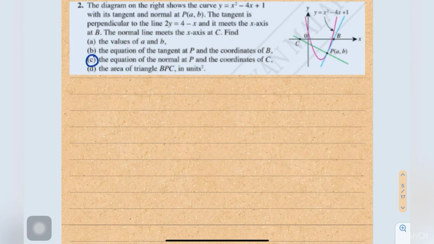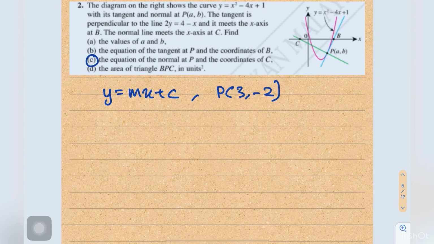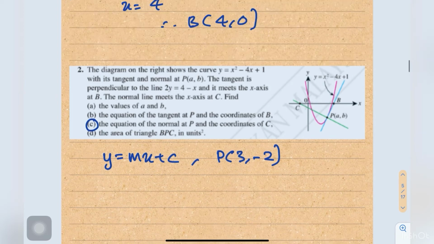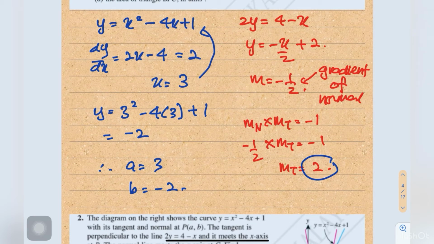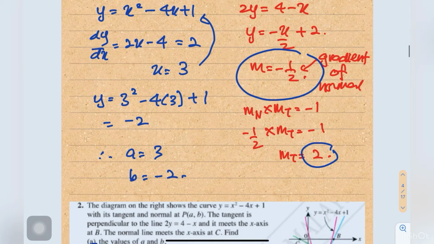Then number 2C, the equation of the normal at point P and the coordinate of point C. Equation of normal, same, y equals mx plus c at point P. P is 3, negative 2. Previously we already have the gradient of normal from A, which is negative 1 over 2.